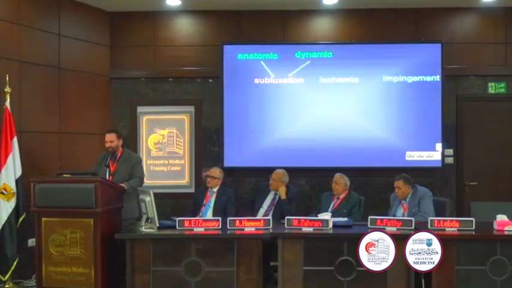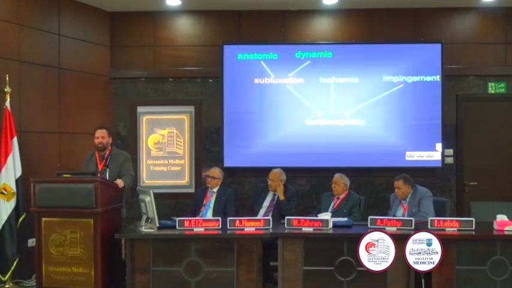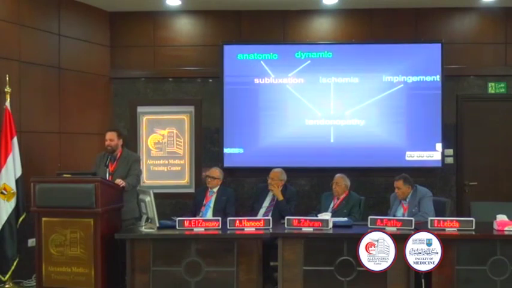So, peroneal tendons, biceps tendon, there is subluxation, there is ischemia, and there are impingements, and they all work together to get tendinopathy. So it's an intellectual construct, and to some degree a false intellectual construct, to put them all together or to separate them, because they're happening concurrently.